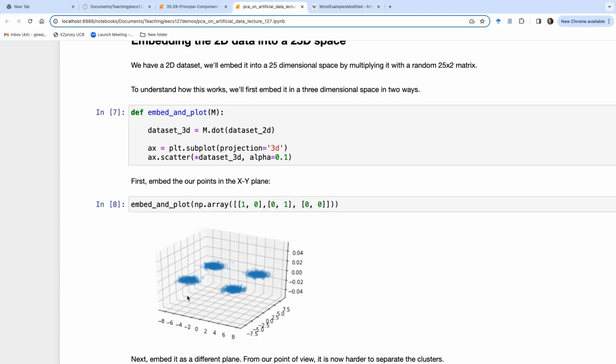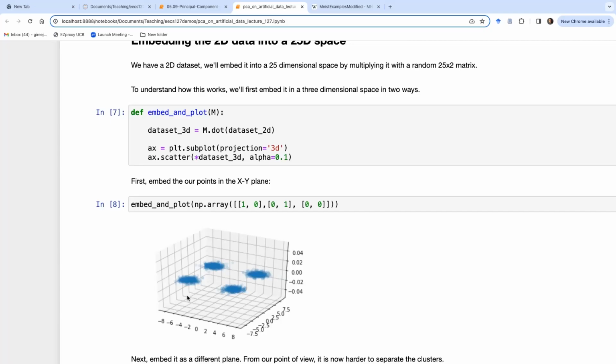We will come to that later. Here, the only reason I'm going from 2-dimensional to 25-dimensional is to show you what it means to have a 25-dimensional data set with an underlying 2-dimensional structure. This way you're convinced that there was actually true structure to begin with.